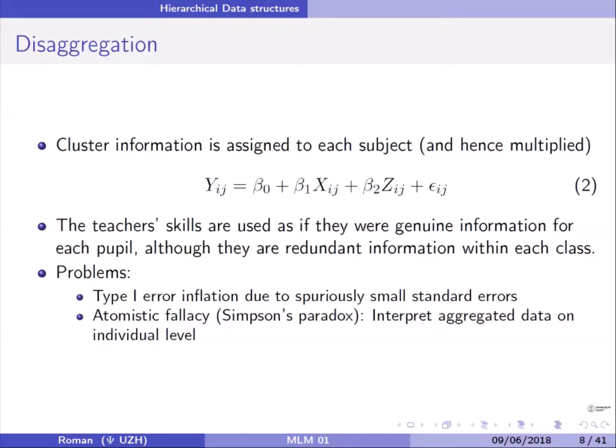Cluster information is going to be assigned to each subject and hence multiplied. So the alternative option, if we're sticking to a regression framework here, is that now we have each individual's value, Yij, and each individual's cognitive ability, but now we have to force Z to have an ij subscript. What does that mean?